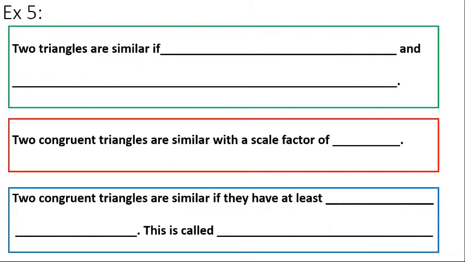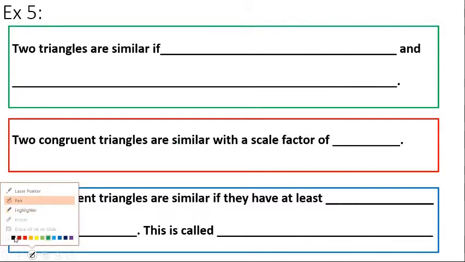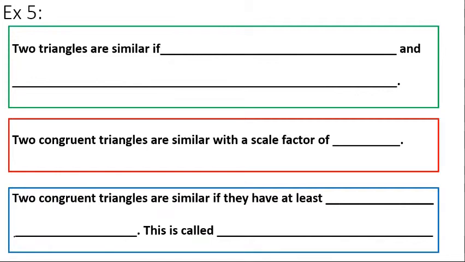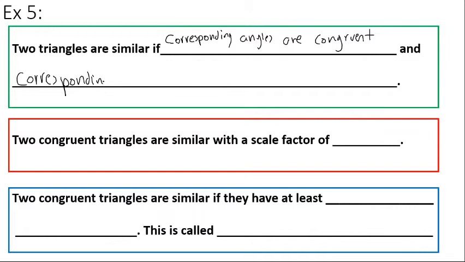Okay, example 5. Here we just fill in the blanks. It says two triangles are similar if, here we would say, corresponding angles are congruent and corresponding sides are proportional.